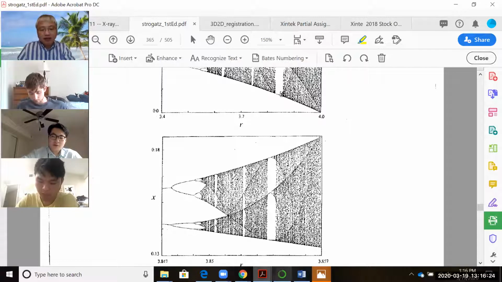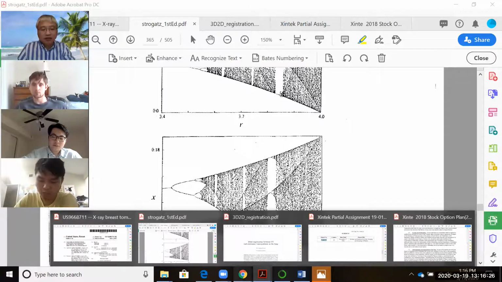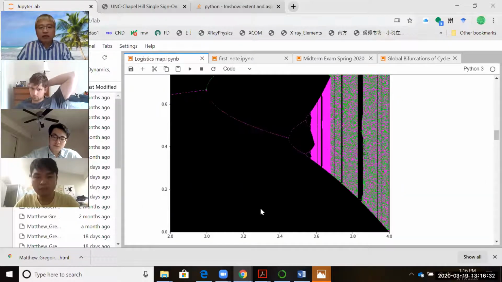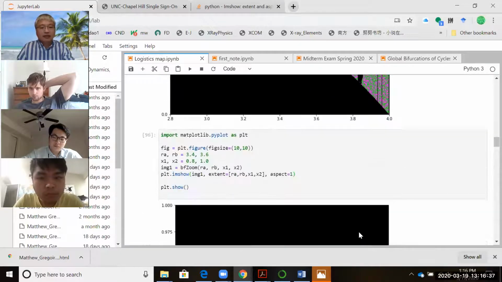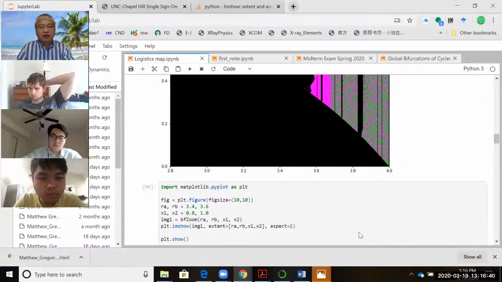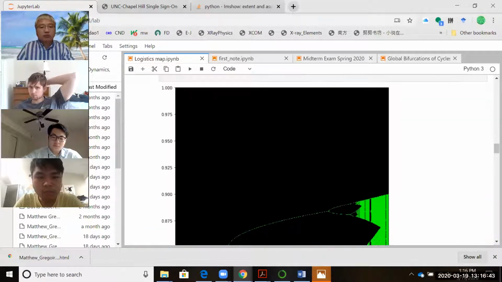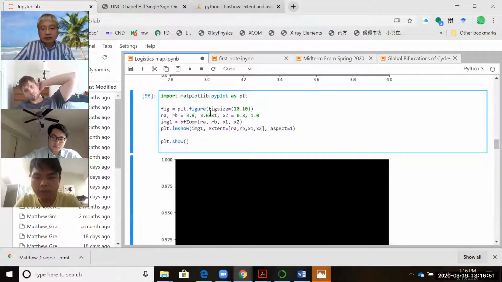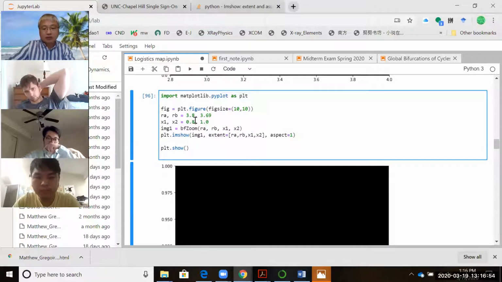Let's demonstrate this. The window of behavior is between 3.8 and 3.9, so let me zoom between 3.8 and 3.9.